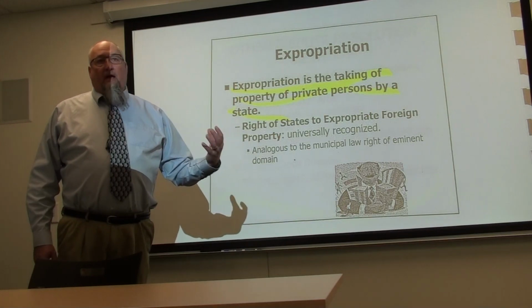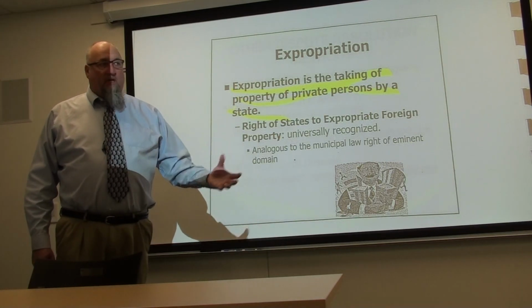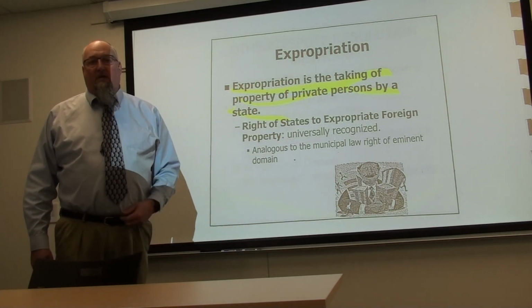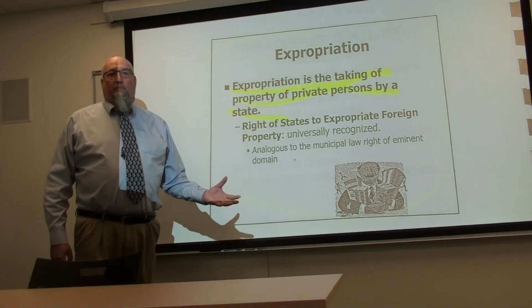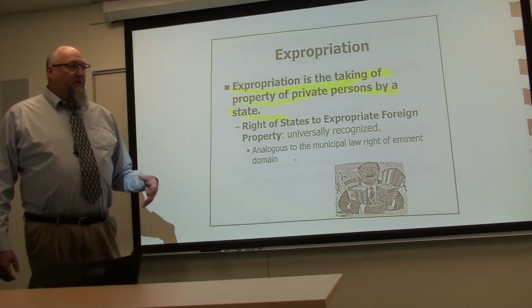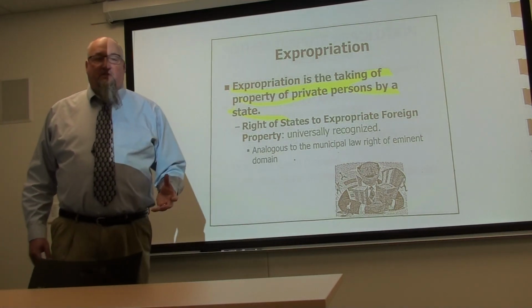However, there has to be adequate compensation, basically fair market value, that is paid to me to compensate me for the taking of that property. And that actually is not an uncommon thing within our United States system.